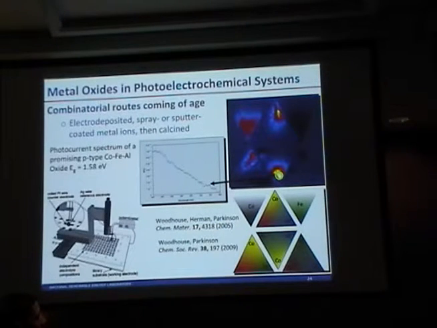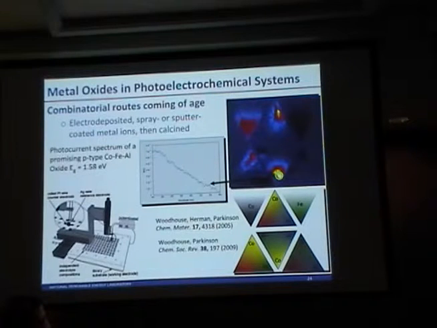Combinatorial routes, you've probably heard about combi. You can do this by electrodeposition. You can ultrasonic spray or sputter coat metal ions, but in all cases you pretty much have to calcine these. Basically what you do here is you'll have a grid, say, in one corner you'll have iron, in another corner aluminum, and another corner here 100% cobalt, and you have various gradients over this particular triangle.